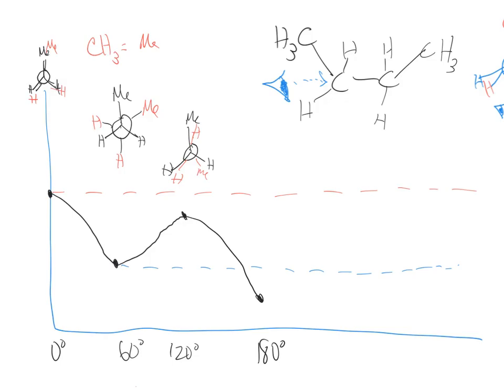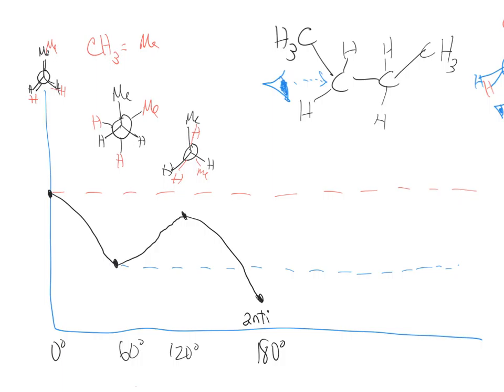So this is called the anti conformation. When they were perfectly lined up, with the two methyls where they could bump and grind each other, that's bad. So this is one time when anti was good, I guess.